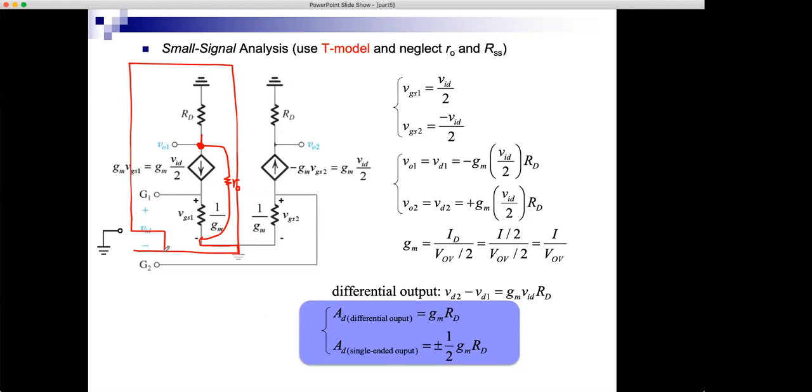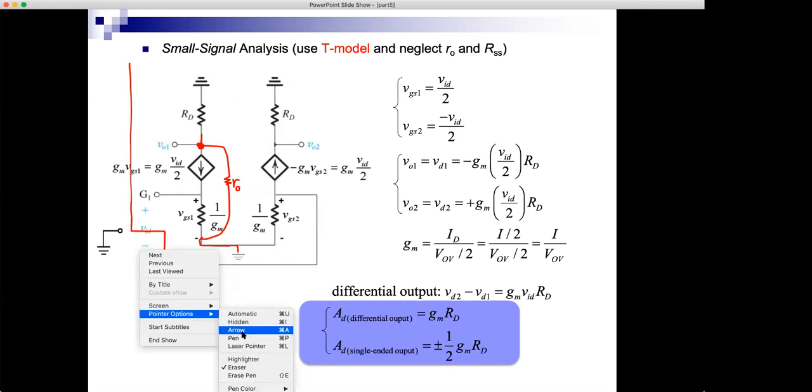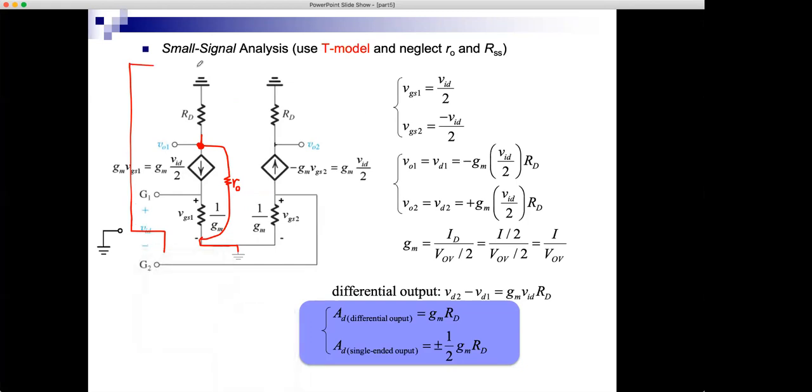When the inputs are applied differentially, we said that we get a virtual ground here.